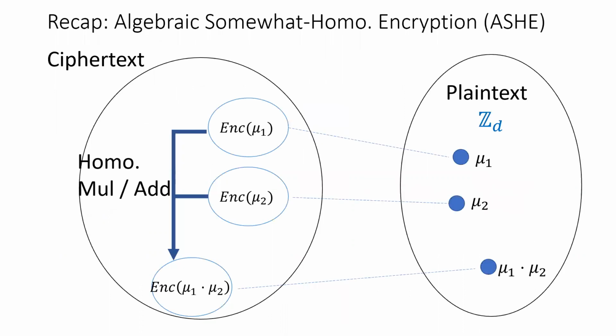My second building block needed is also shown in the previous talk. That's algebraic homomorphic encryption. It is a homomorphic encryption in the sense that we want to perform homomorphic multiplication and addition. But we want our new nice property so that the ciphertext space is a polynomial ring.